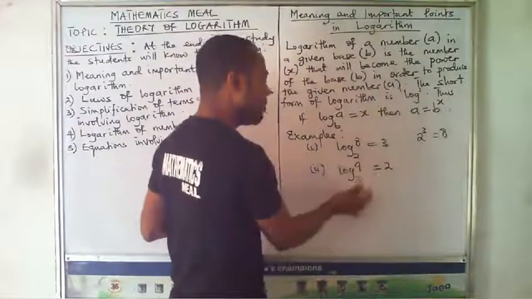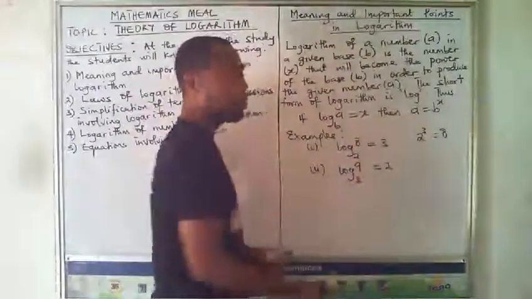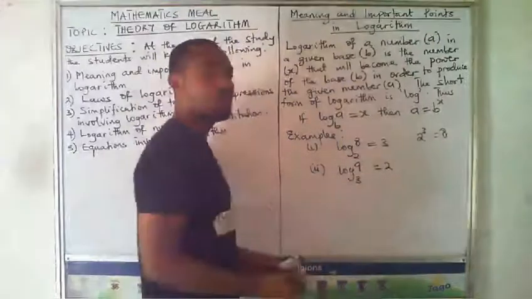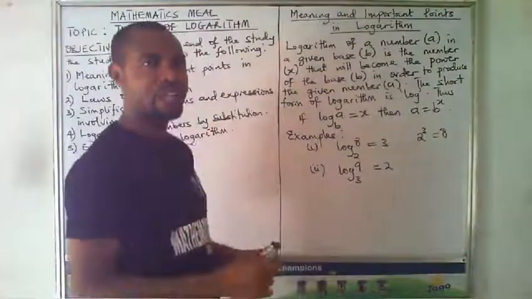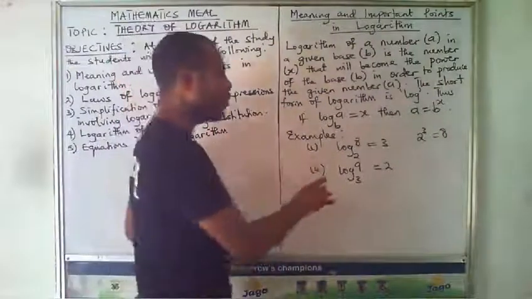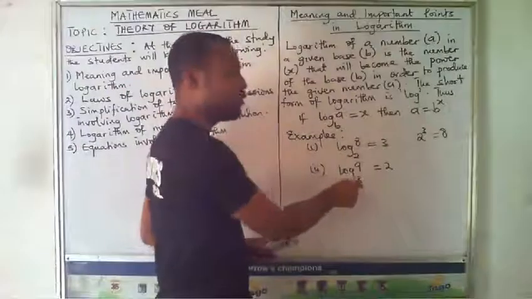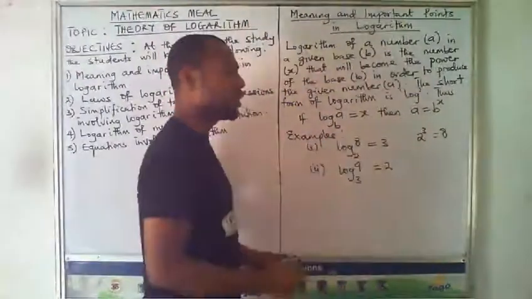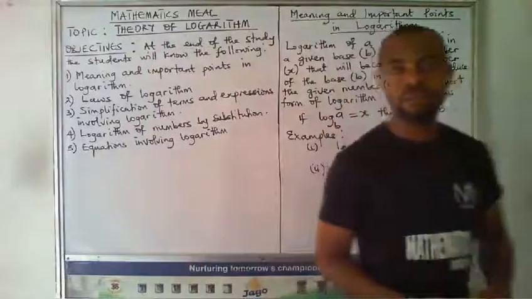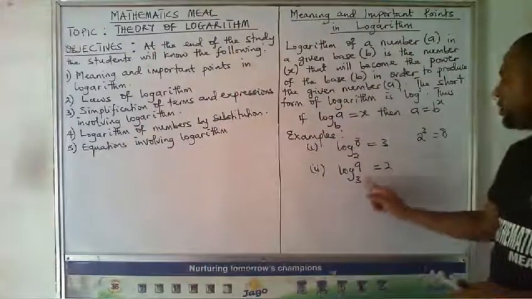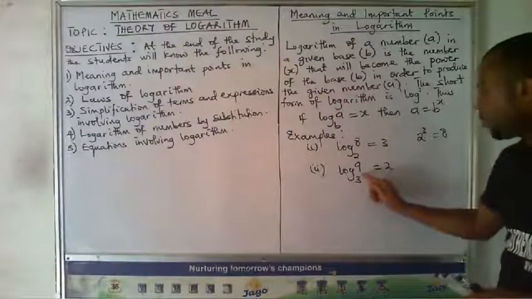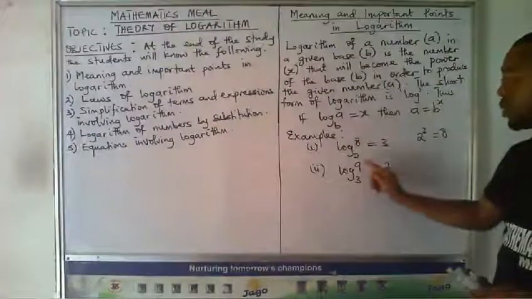So log 9 in base 3 is equal to 2, because when 2 becomes the power of 3, I will form 9. I think it's becoming clearer now: the logarithm of a given number in a given base is that number that will become the power of the base in order to form the given number.